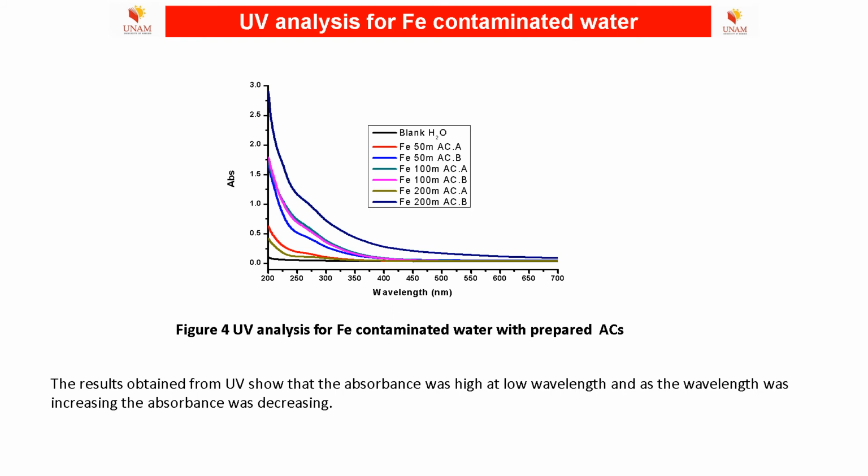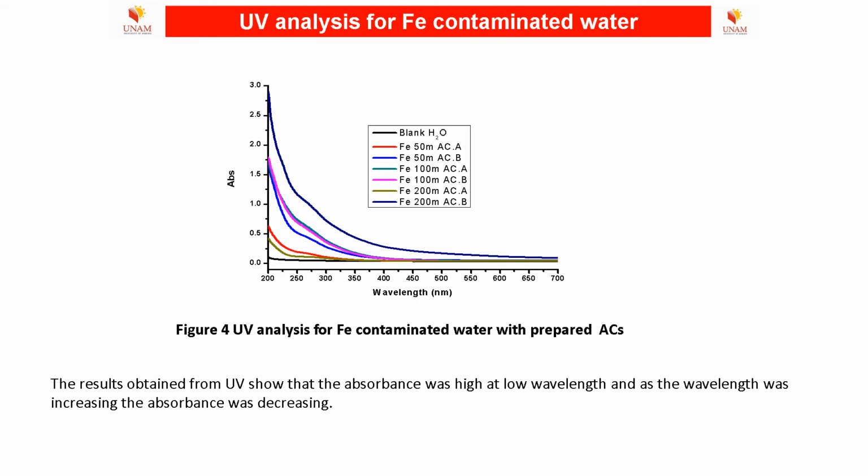Then it slowly decreased from 350 as the wavelength is increasing. And same for iron 100 ACA, green one. Then the pink, you have iron 100 molar ACB sample. This has at a lower wavelength higher absorption, maybe 1.6 like that. So slowly, as the wavelength is increasing, absorbance is decreasing from 400.